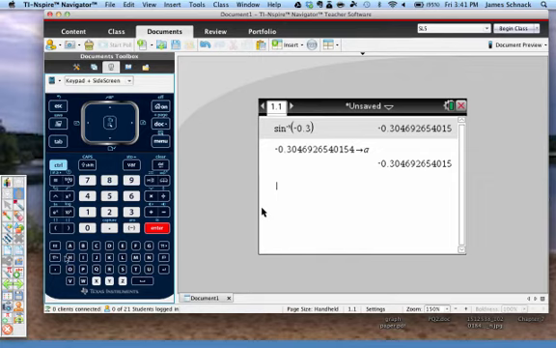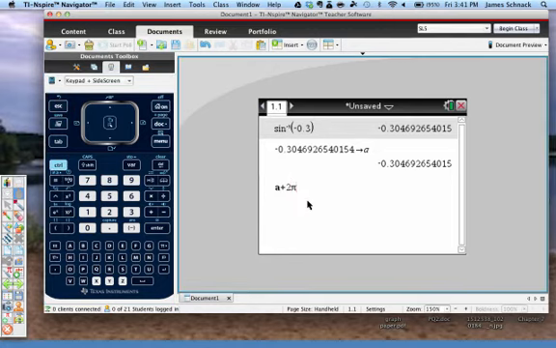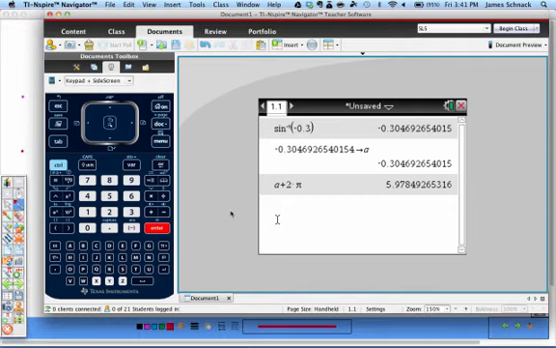And I want to take that value, A, and add on 2 pi. There's my answer, 5.978. So 5.98 is one of my solutions.